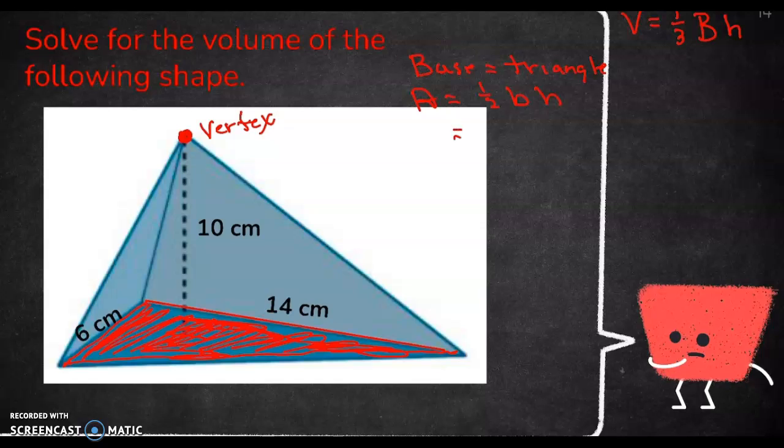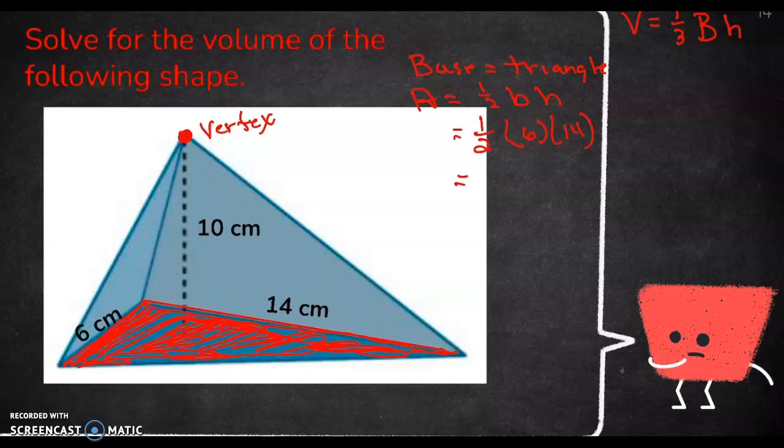Then I'm going to take my values that are given and substitute them into the formula. So if I'm looking at the triangle, I'm going to use 6 as my base and 14 as my height. Now the order in which I use them really does not matter because it's multiplication.